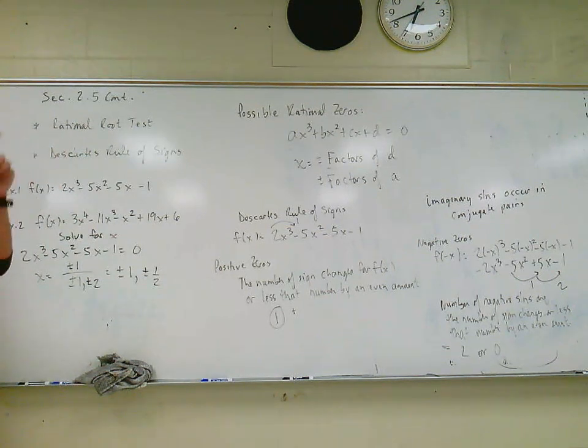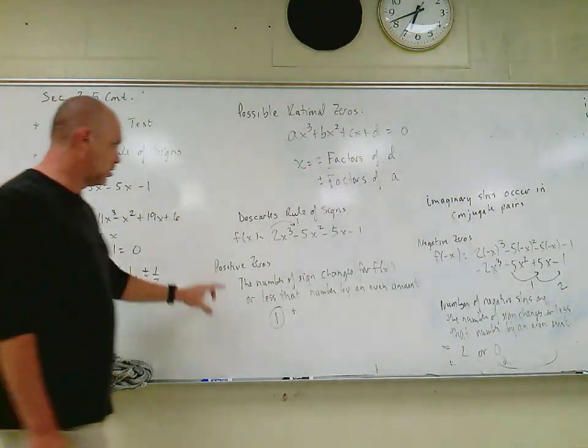If your remainder is 0, then can you completely factor the problem? More than likely, yes. You have to be a good guesser. What are your guesses? Plus or minus 1, 1 half, negative 1 half. All you need is 1 to work, 1 answer.